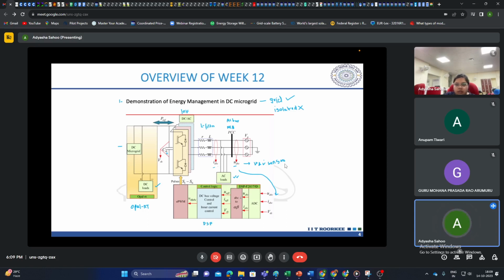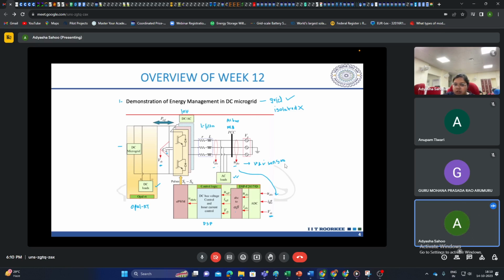Then after getting the input from these voltage and current sensors about the AC side voltage and currents as well as the DC voltage VDC, the control logic will be implemented such that you see the ABC frame components are transferred to the alpha beta frame.